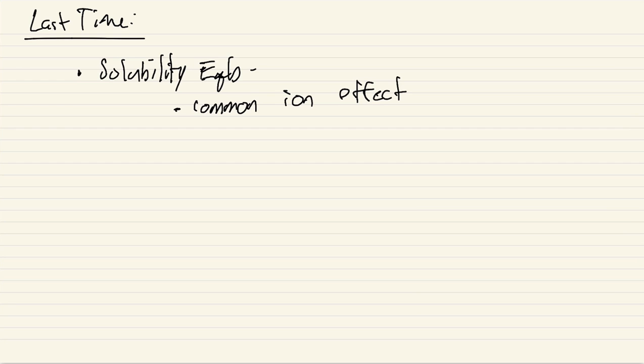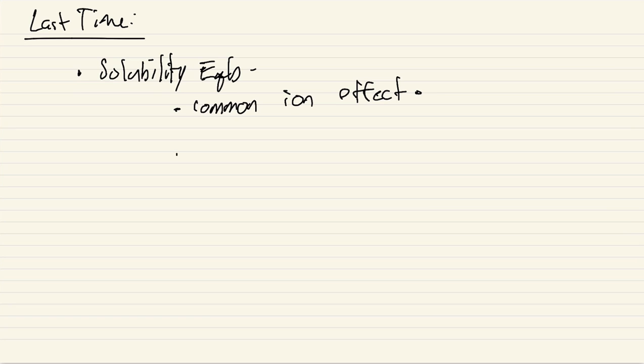And so who can tell me what the common ion effect was? Or who remembers? In terms of solubility, precipitates of ionic compounds and stuff, what was the common ion effect?